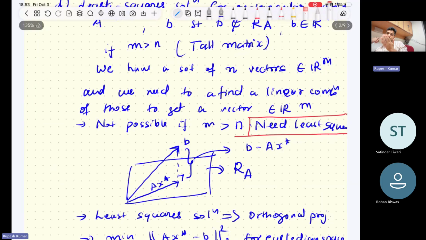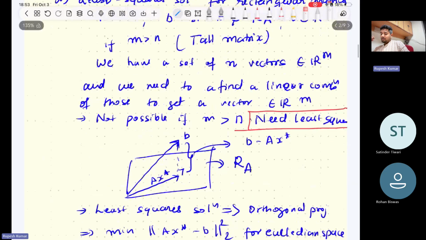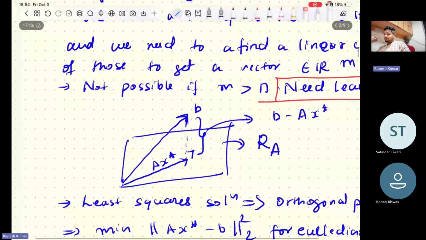But you can always ensure that a least square solution exists, which is the vector in the column space of A, the range of A, the span of A, and it will be the nearest vector to the vector b. You can always consider this. We have already covered this. Does anyone have any doubts till now?